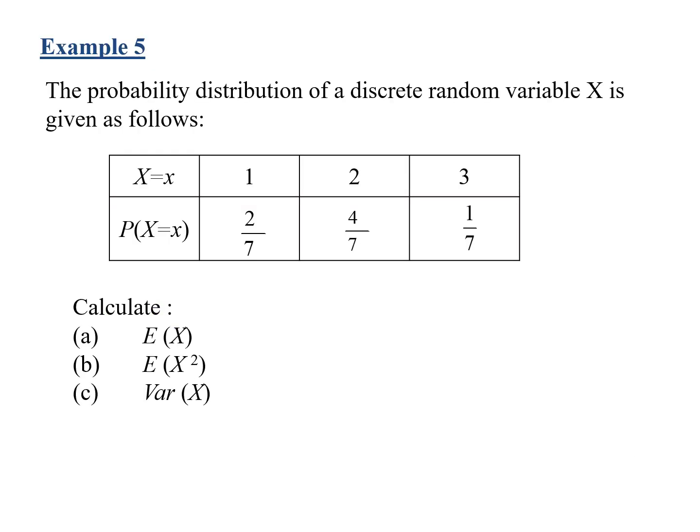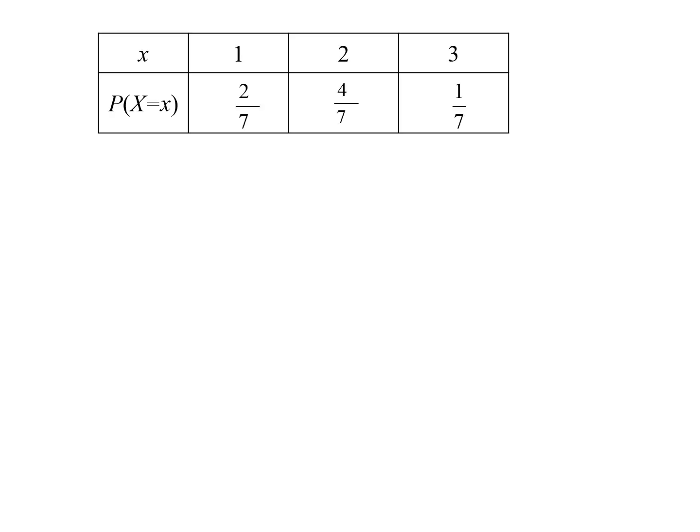Example 5. The probability distribution of a discrete random variable X is given as follows. Calculate E(X), E(X squared), and Var(X). Okay, for the solution, for E(X), we use the formula: the summation of x times the probability.